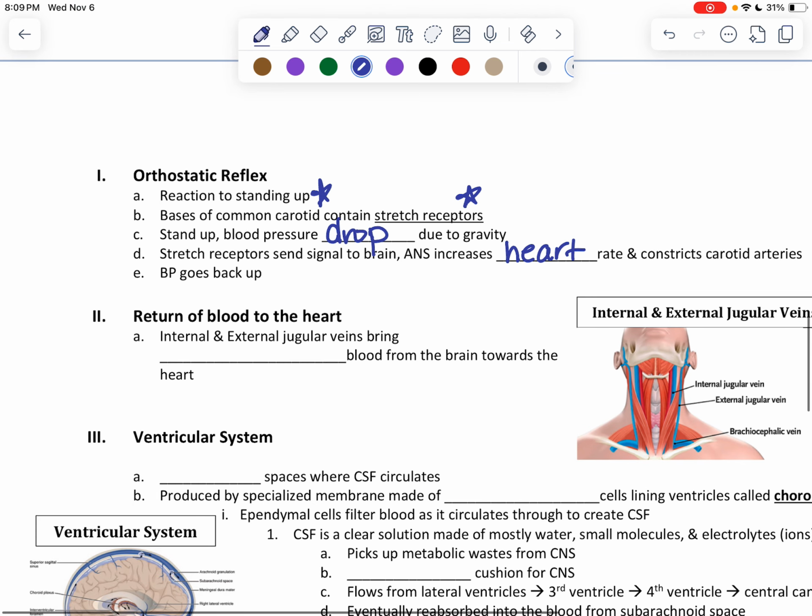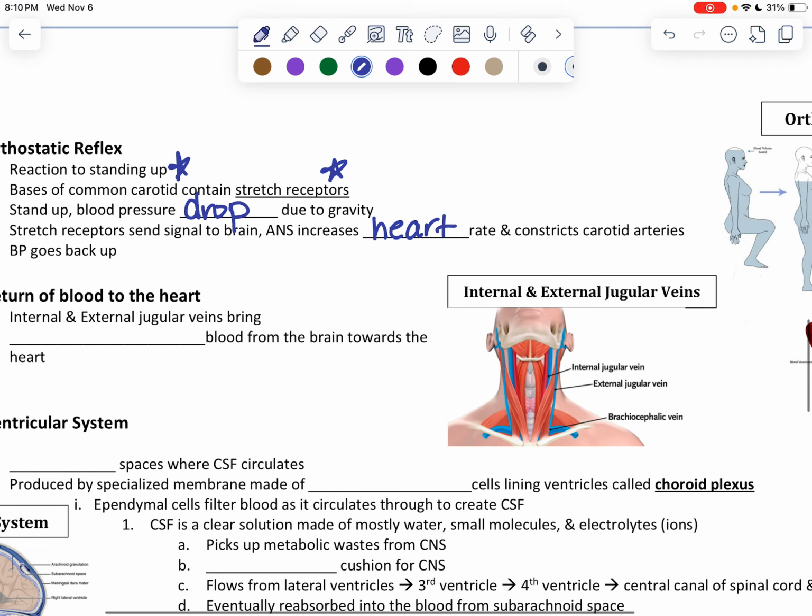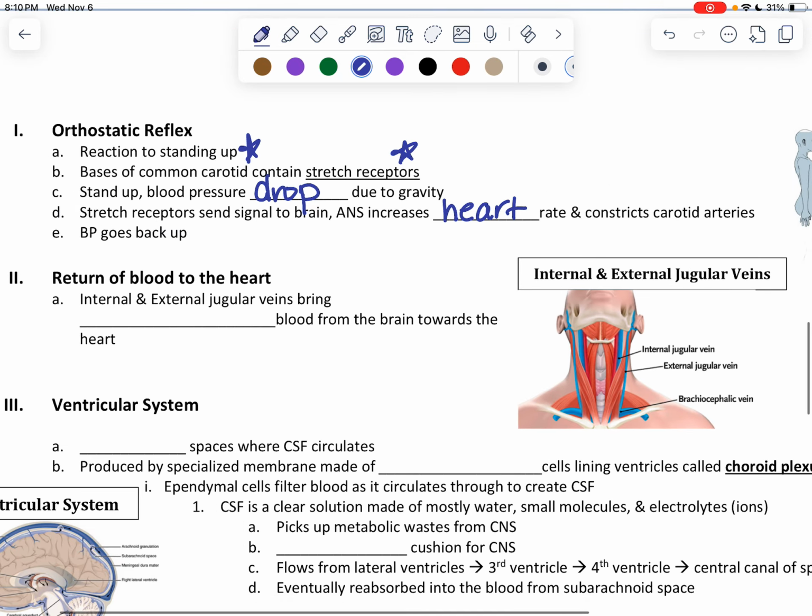Now, when everything's done and the blood flow has happened in the brain, we have to bring it back to the heart. So I have a picture. There are obviously way more blood vessels in terms of the veins in the brain, but these are the main ones, the internal and the external jugular. You've probably heard of the jugular before. "Oh, they got me in the jugular, I'm dying." Okay.